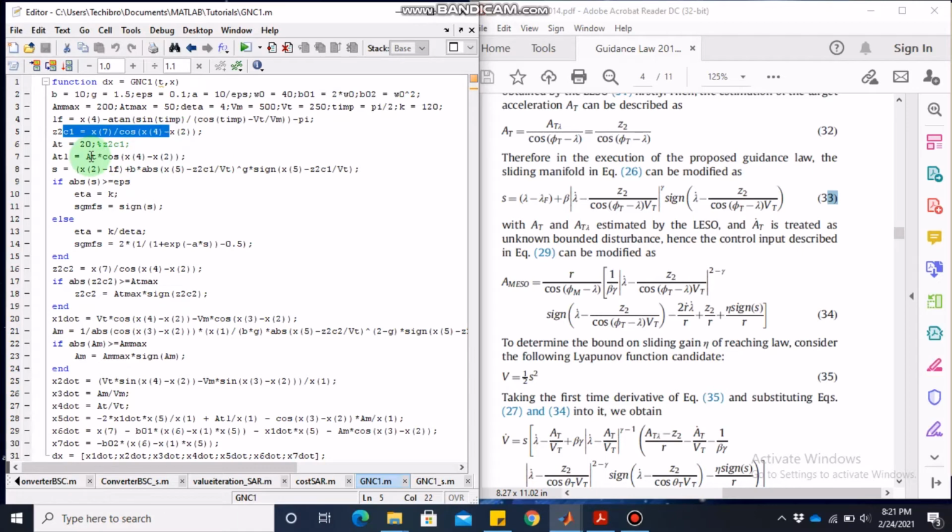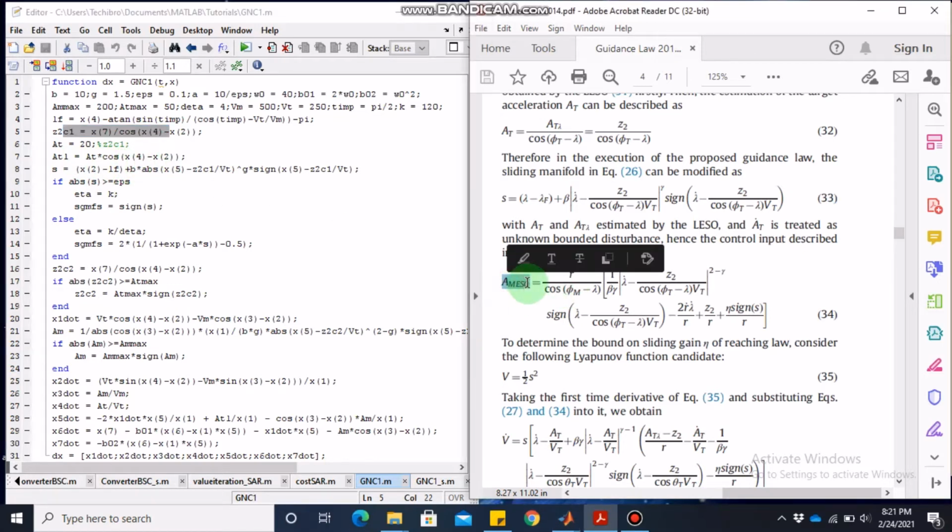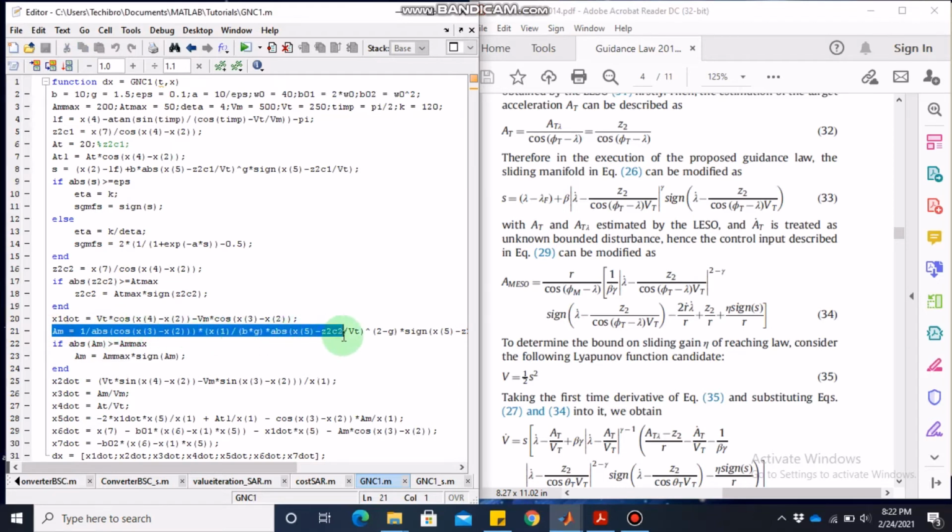Then we have some other terms that are used in the guidance law. So for example, z2 over cos phi t minus lambda, that is also used in the guidance law as well. This is the guidance law. So guidance law is a little bit lengthy.